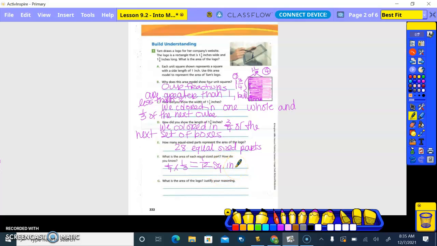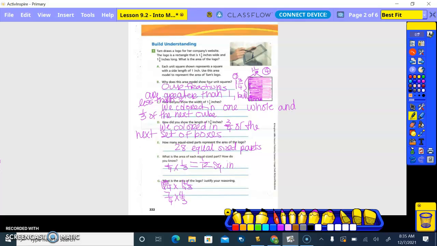So what is the area of the logo? Basically, we would take 1 3/4 times 1 1/3. So we need to make an improper fraction, right? Working around the clock, starting at the bottom: 4 times 1 is 4, plus 3 is 7. So this would be 7/4 times 3 times 1 is 3, plus 1 is 4.